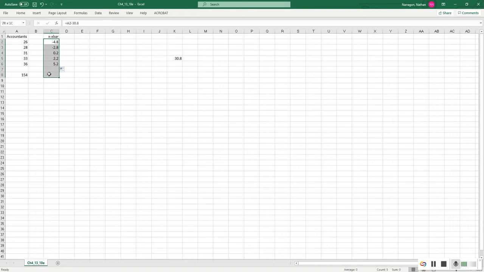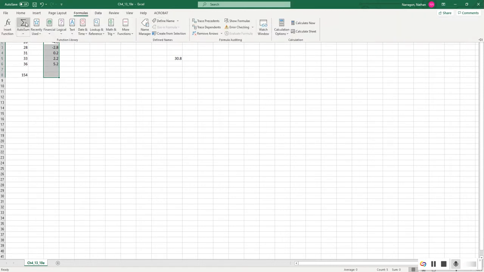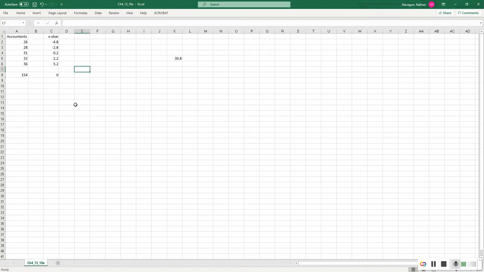There we go. Always make sure you add them up to make sure that comes out to 0. Most of the time it's going to come out to 0 when we figure out standard deviation using this method. So next, it's x minus x bar squared.